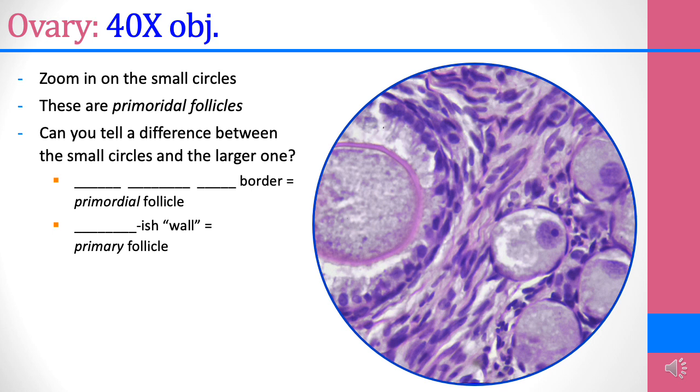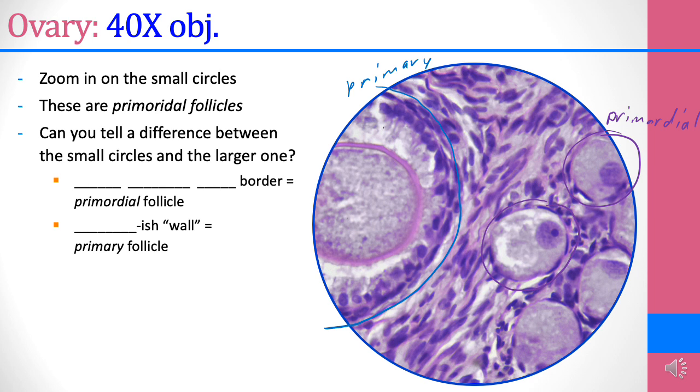Okay. The small circles here, these are the primordial follicles. This bigger circle over here, that is a primary. Okay. Can you tell a difference between the small circles and the larger one?